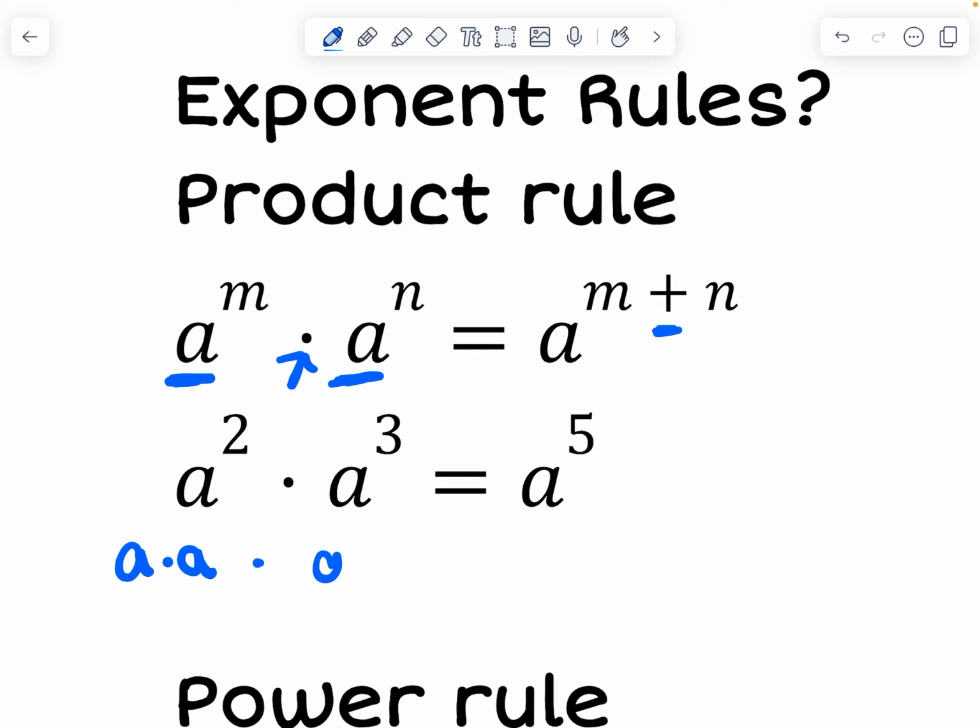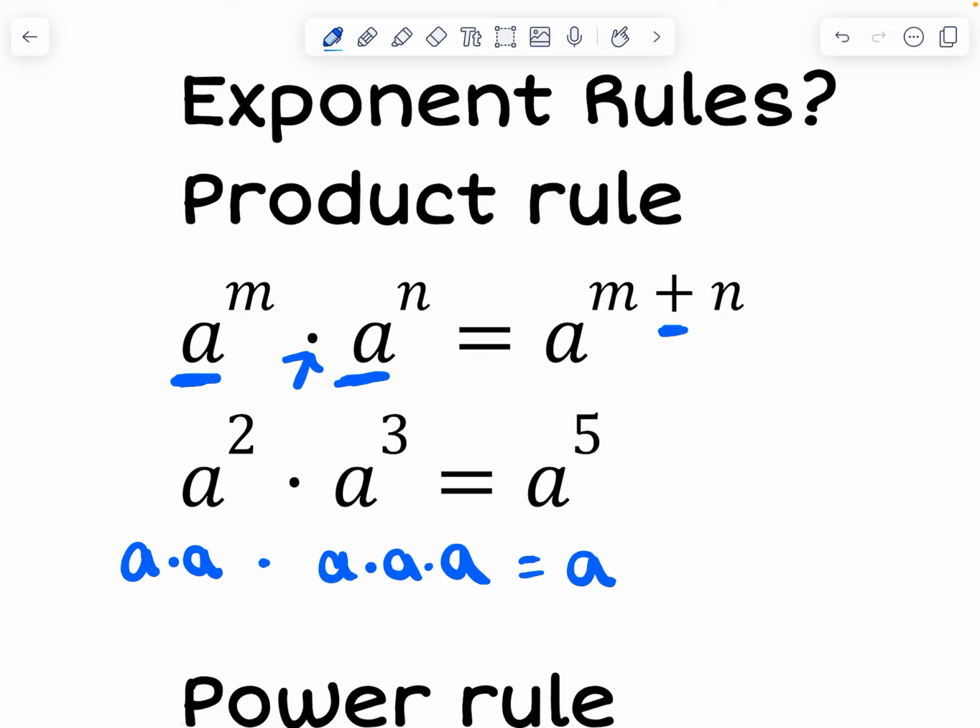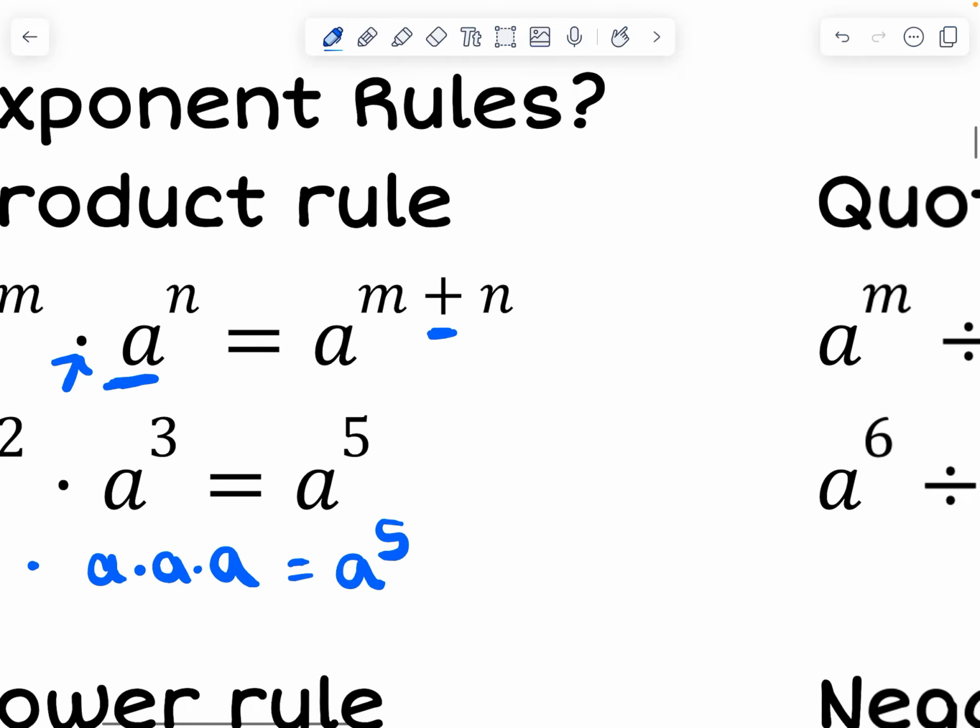A to the third is a times a times a. So how many a's did you end up with? You ended up with 5. So anytime you have multiplication of two bases and their exponents, their bases are exactly the same, then you add their exponents.